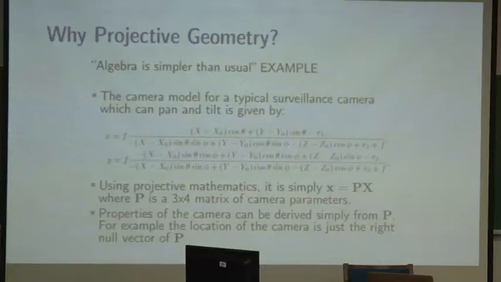But if I write it in projective mathematics, I can write it as a simple matrix equation, x equals PX, where this P is specifically a 3x4 matrix. X is a 3D vector, and this is a 2D vector. So just a simple matrix relating 3D and 2D vectors, the world vector with the image vector.